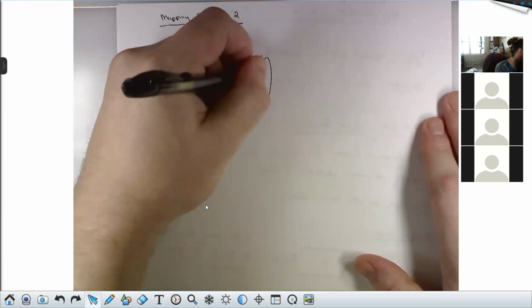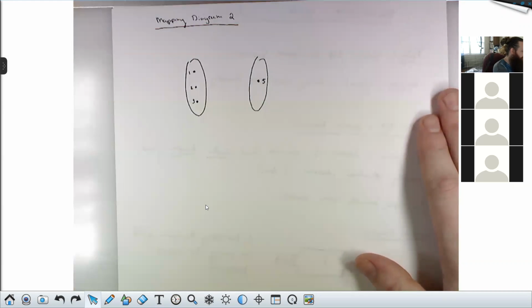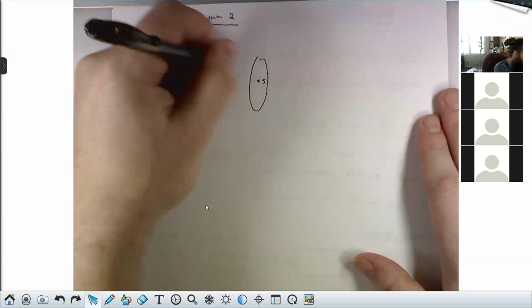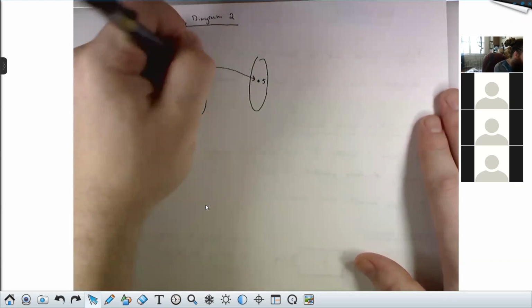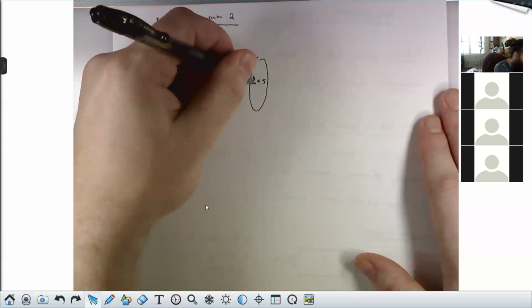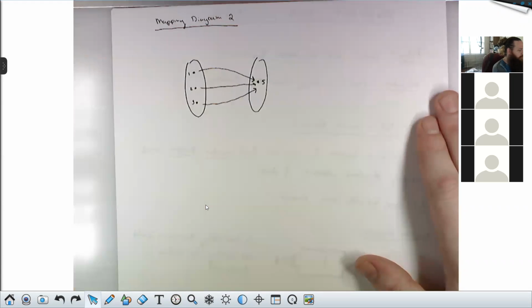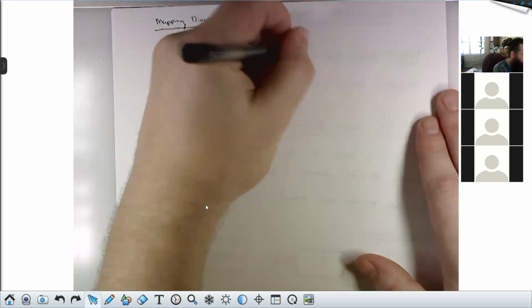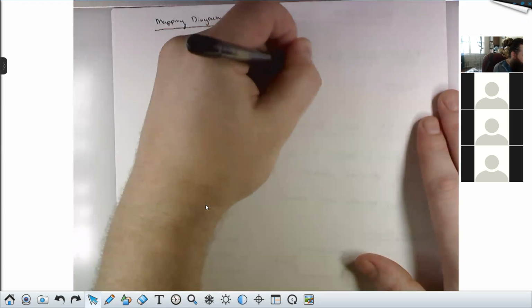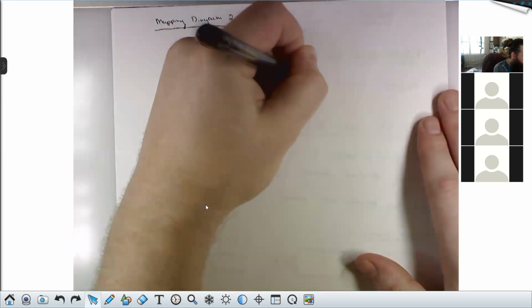And over here, maybe we just send everything to one output, call it 5. So the original function f sends 1 to 5, sends 2 to 5, and also sends 3 to 5. In other words, f of 1, f of 2, and f of 3 are all equal to 5.